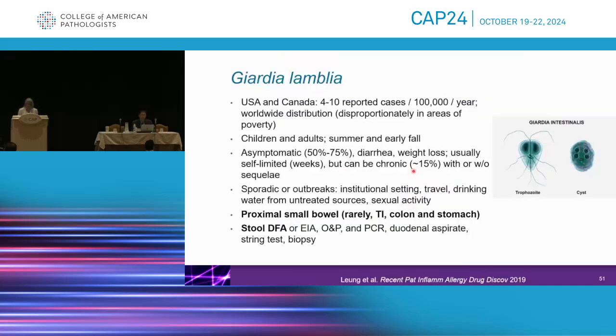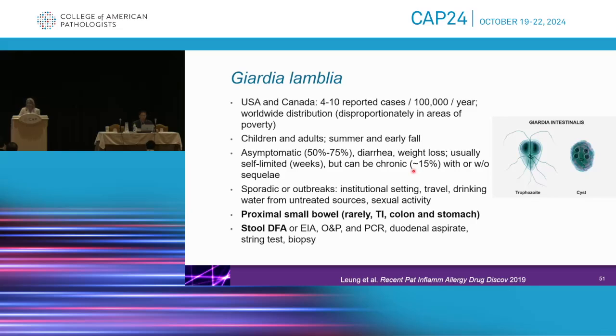So this is classic for Giardia lamblia, which is one of the most important and relevant human parasitic diseases as a cause of diarrhea. It has a worldwide distribution, and it's more disproportionately seen in areas of poverty, seen within children and adults pretty equally, and has some seasonality to it with summer and early fall.